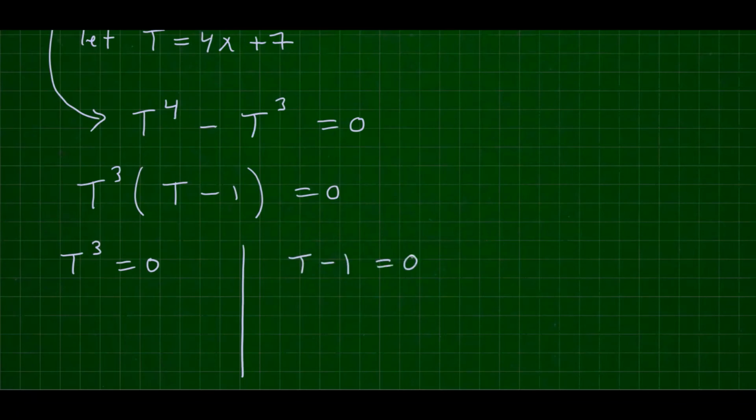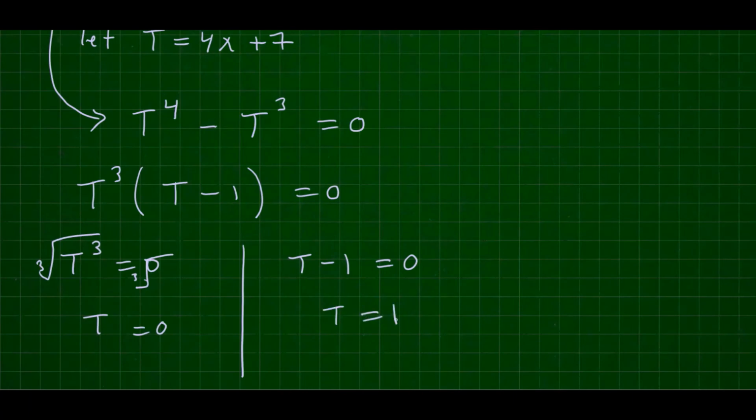And now we can simply solve for t by taking cube roots for the first one. So we take a cube root on both sides. So that will give us, cube root of 0 is 0. So we know t is equal to 0 for the first equation. Second one, we add 1 to both sides. So we get t is equal to 1.